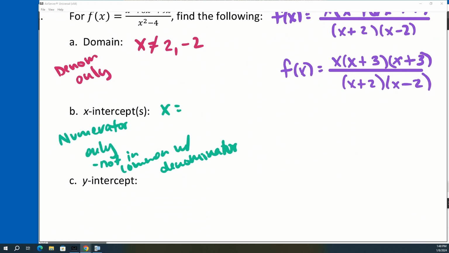So we want to know what's going to make the numerator 0. What do y'all think? -3 and... nope. 3 plus 3 is 6. What would make this one 0? That would put in for x and it would be 0. 0, thank you.